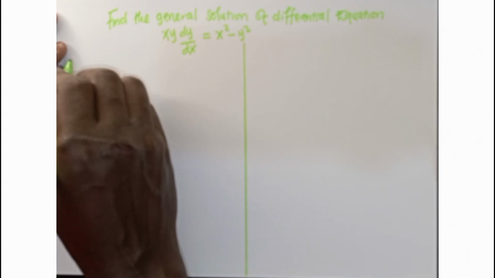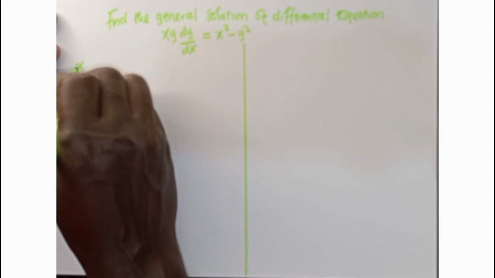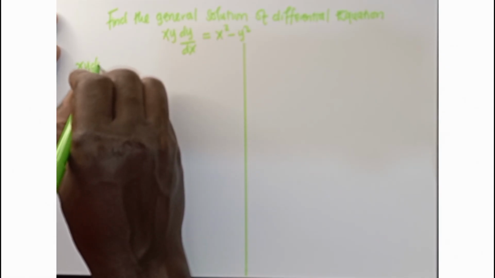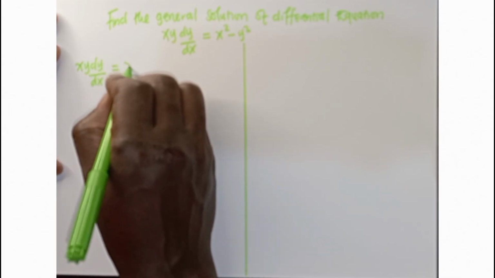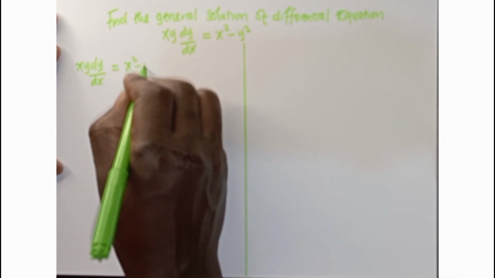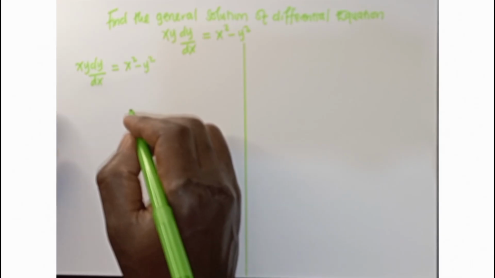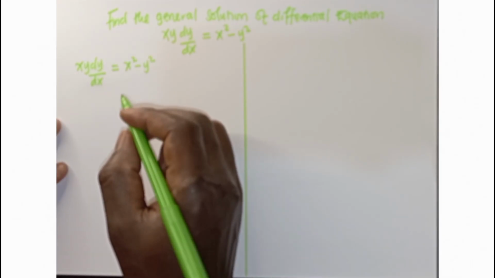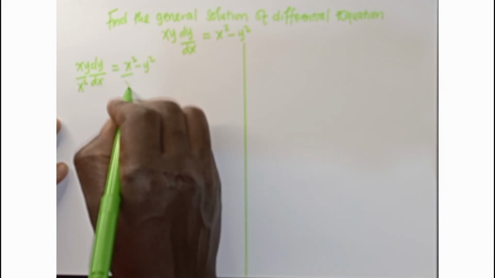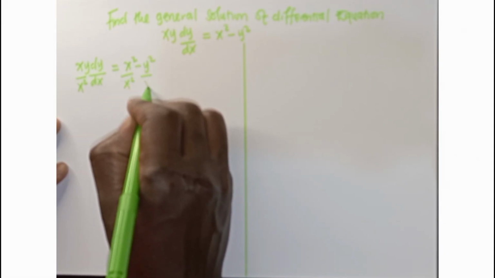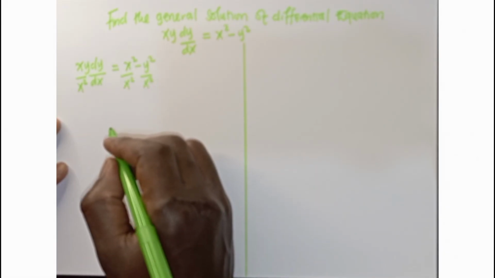So rewriting this, our differential equation, dy by dx, is equal to x squared minus y squared, over xy. We divide through with x, the highest power.